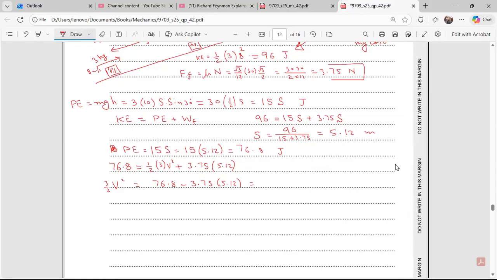So this comes out to be 57.6, and V square would be equal to 2 by 3 into 57.6. When we take its square root, it comes out to be 6.2 almost. Yes, 6.2 meter per second.